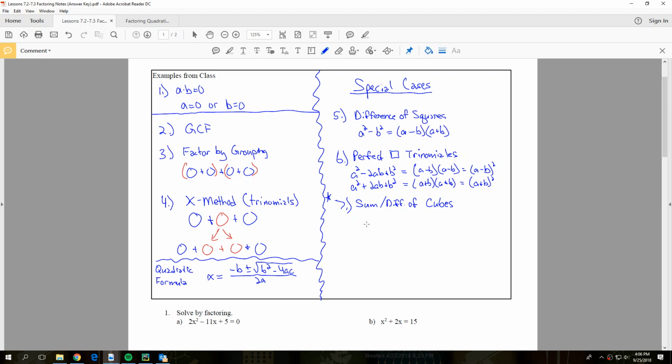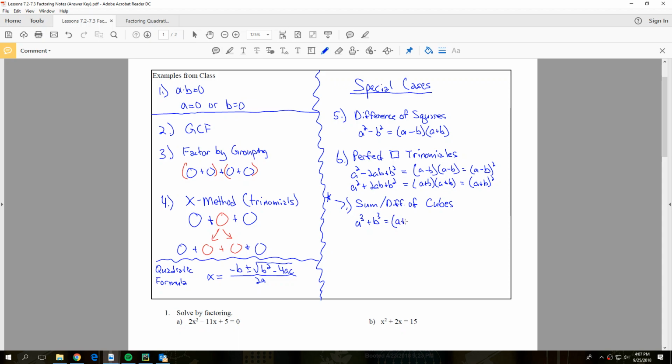So let's do the sum of cubes first. By the way, we only had difference of squares. There's no such thing as a sum of squares. But for cubes, there is a sum and a difference of cubes. So let's do the sum first. If you happen to have a perfect cube plus another perfect cube, so a cubed plus b cubed, then you can factor this by following this formula.